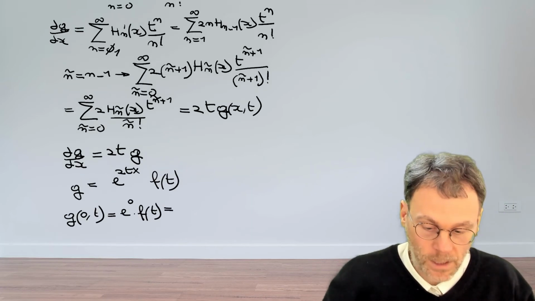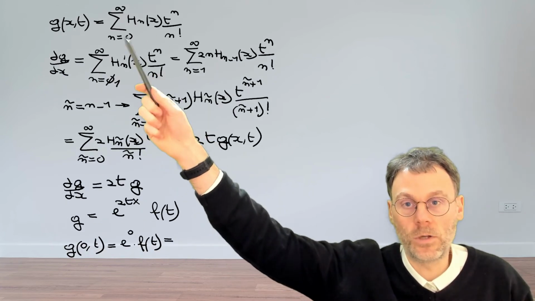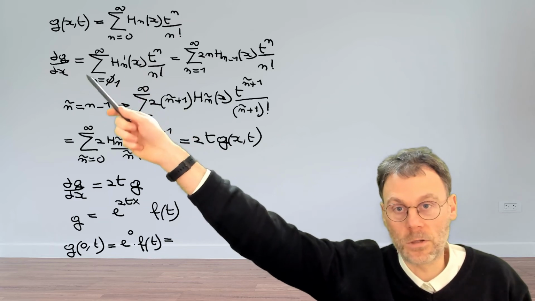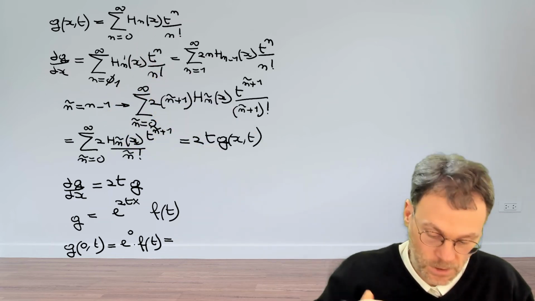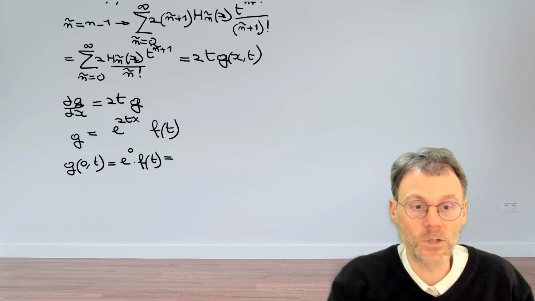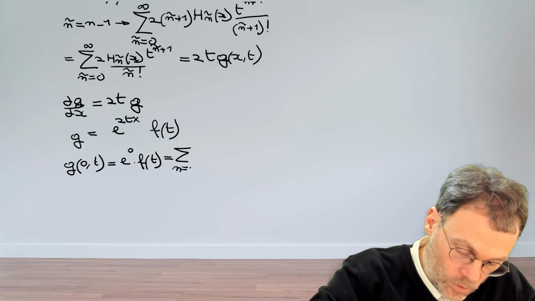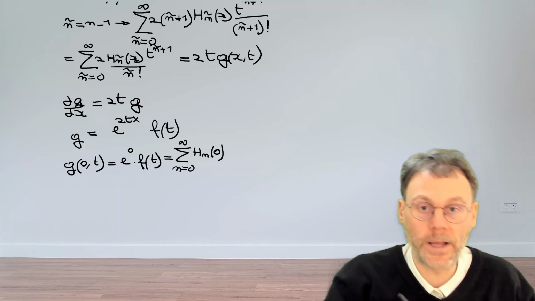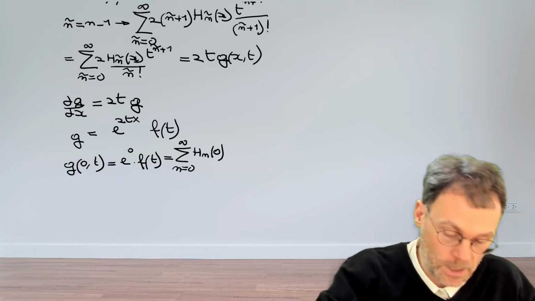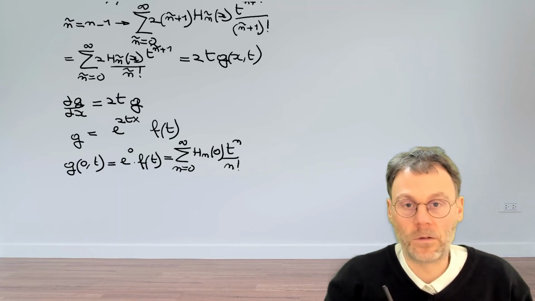And if we go back to the original equation over here, which is used to define the Hermite polynomials in terms of the generating function, we can here now substitute x for 0. So this will give us a summation of n going from 0 to infinity, Hermite polynomial of order n at the origin, t to the power of n divided by n factorial.